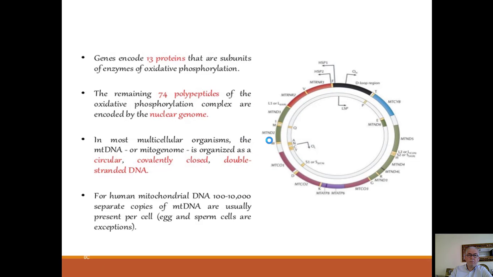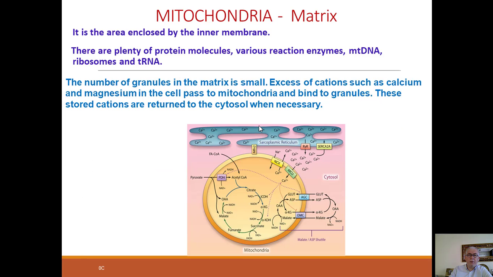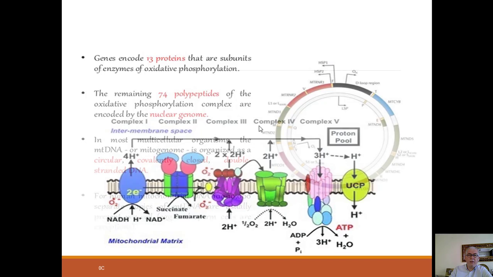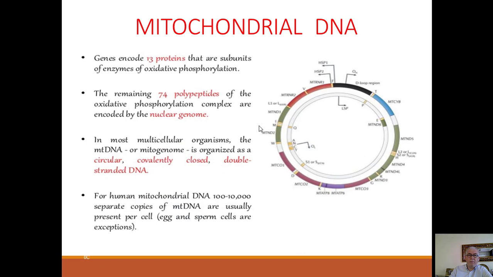And another important issue for mitochondria is the mitochondrial genome, mitochondrial DNA. Mitochondrial DNA encodes 12 proteins that are subunits of oxidative phosphorylation enzymes. Also, 74 polypeptides of the oxidative phosphorylation complex are encoded by the nuclear genome.